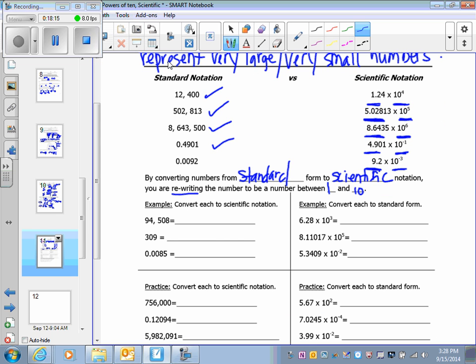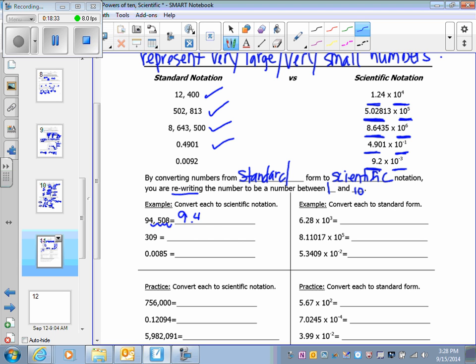So, the left side of this chart says convert each to scientific notation. So right now in 94,508, the decimal's at the end. So I'm going to move the decimal until I have a value between 1 and 10. So I'm going to move it once, twice, 3 times, 4 times.